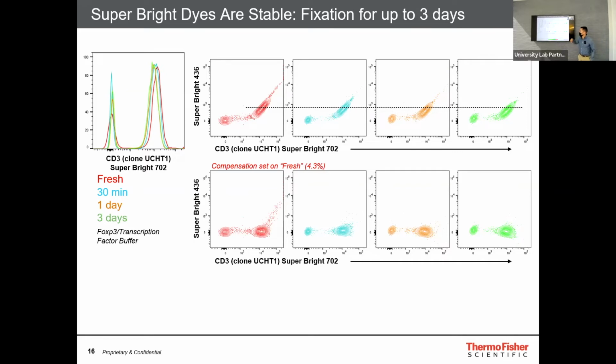In blue are 30 minutes after fixation, orange a day, and in green 3 days. And you can see, so again, look at the x-axis, the separation. So the higher the cells are on the right, the brighter they are, or the more CD3 the cells have, right? And so you don't see a change in signal intensity across those times. So these dyes are really stable, and you can store them in fixative for up to 3 days.